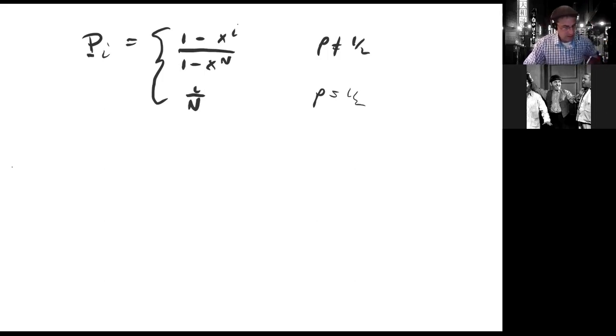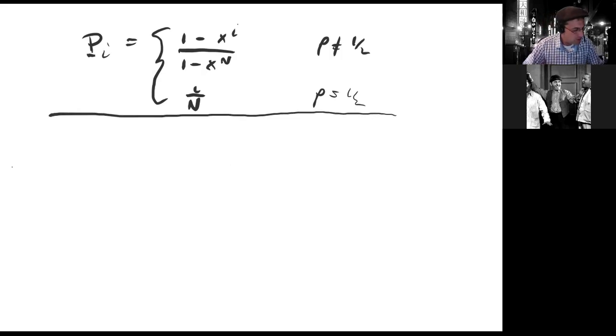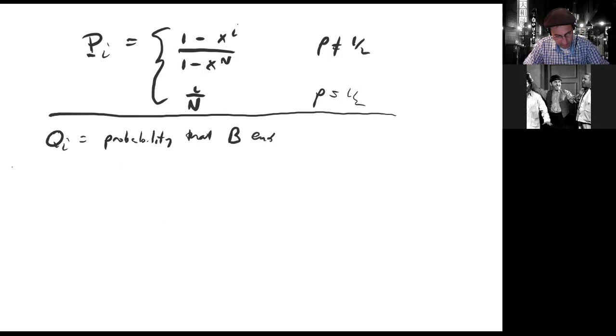Okay. So now let me stop here for a moment and note the problem has a certain symmetry. Suppose we let QI be the probability that B ends up with all the money, assume if A starts with I dollars.